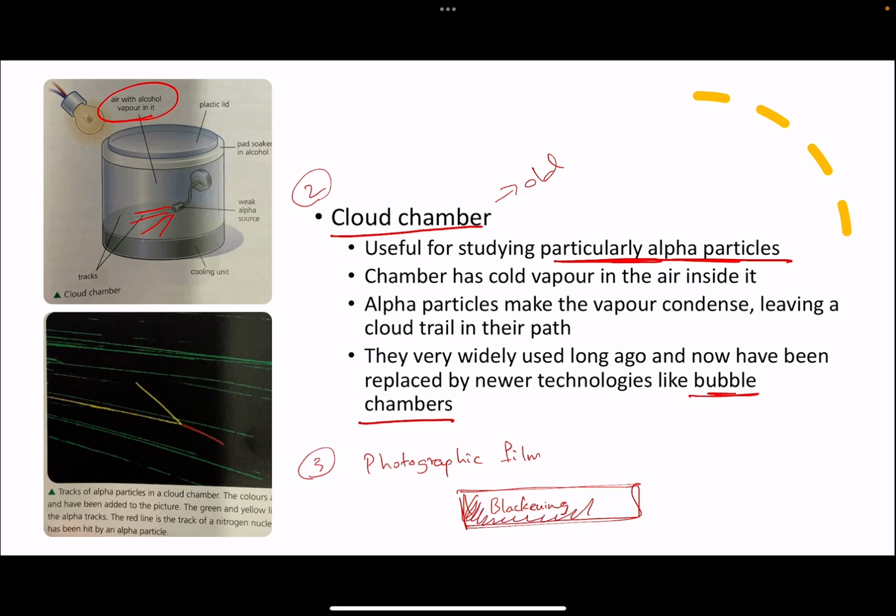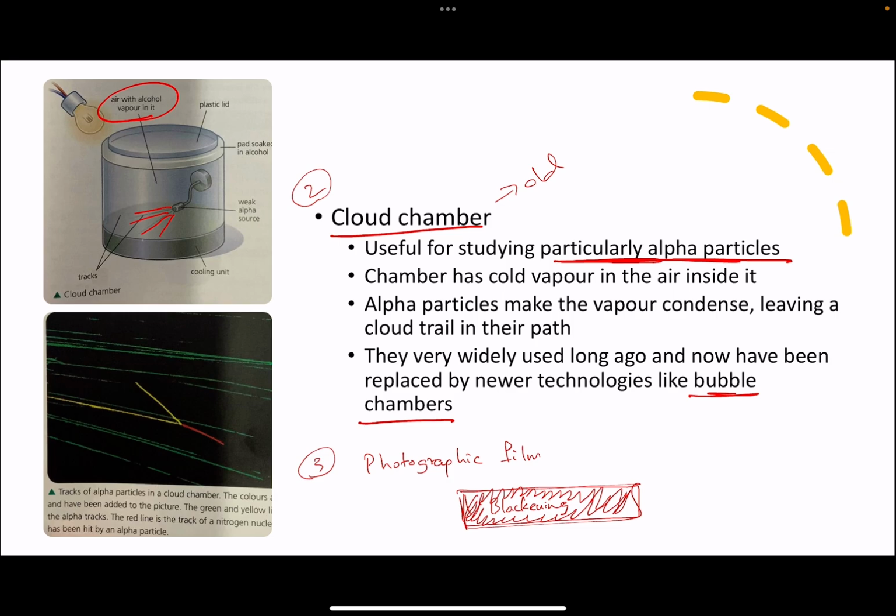And these are basically used as badges that are worn by people in the lab. Again, it's a safety thing. So if you are working in a lab and you have this badge on in the morning and you're starting your work, the badge will be totally clean, and by the time the photographic film is black, you have been in the lab for a lot of time and you have had a lot of exposure to radiations.